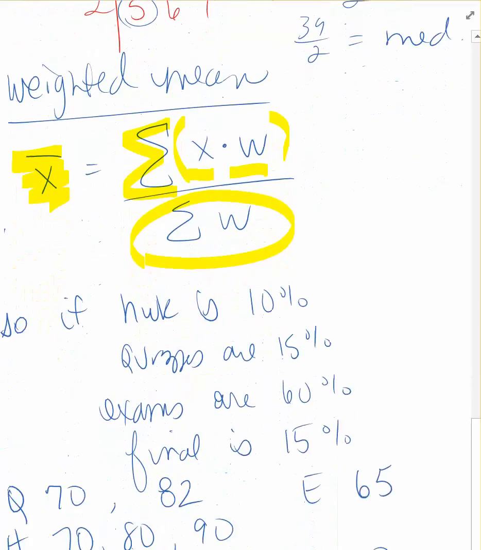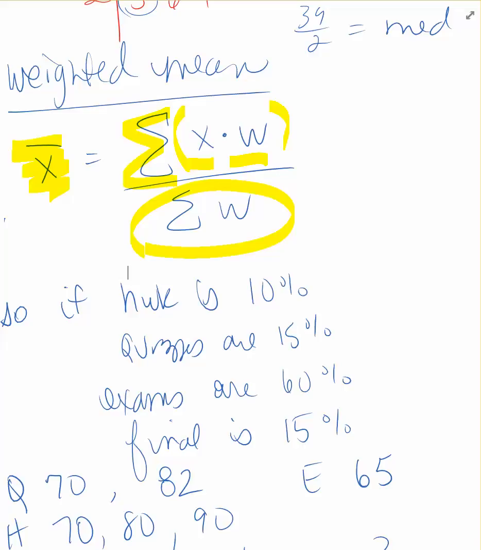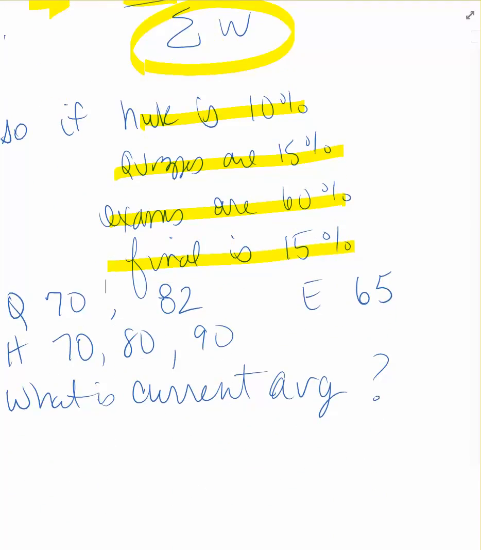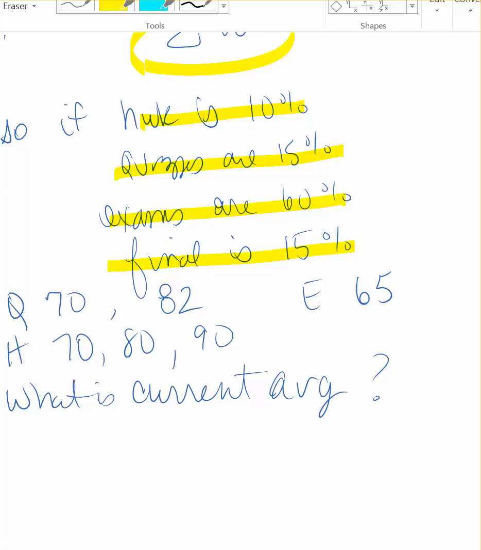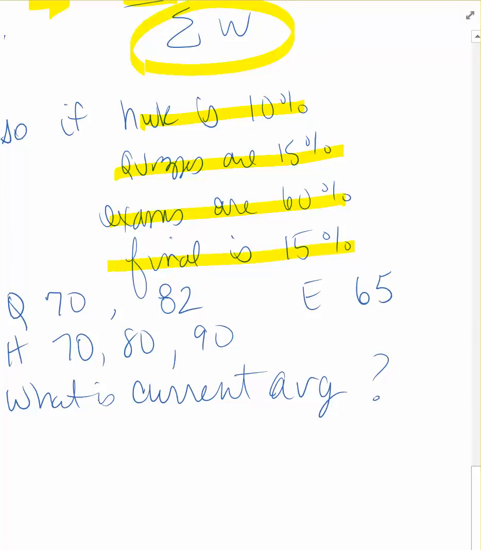Most of us have seen a weighted average before, we've just maybe not calculated our own. Most classes are done this way. I made up a class that has homework as 10%, quizzes 15%, exams 60%, and the final exam 15%. I've given you several values from the student's scores.